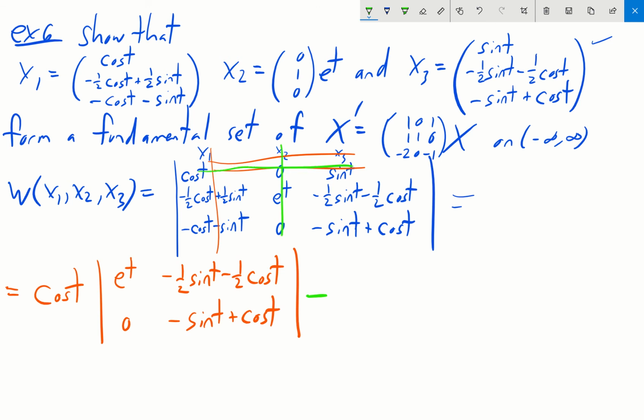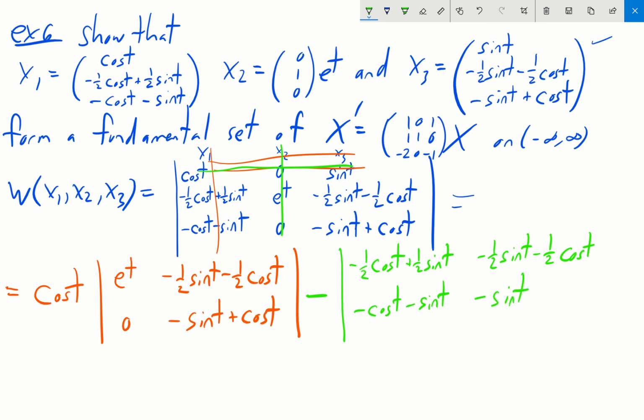So what we would have would be this term, negative 1/2 cosine t plus 1/2 sine t, negative cosine t minus sine t, and then we have a negative 1/2 sine t minus 1/2 cosine t, and then we have negative sine t plus cosine t, and then the next sign will be back to plus.